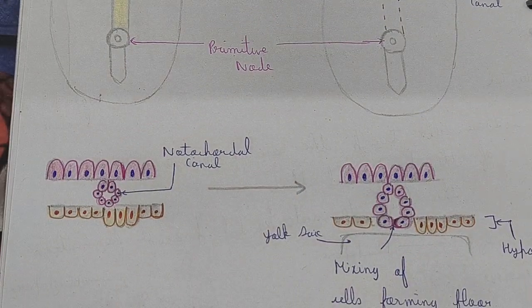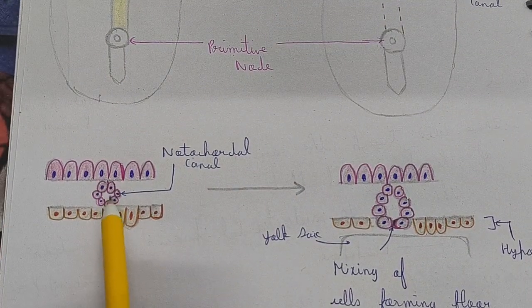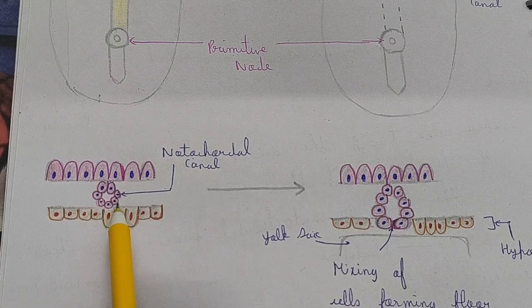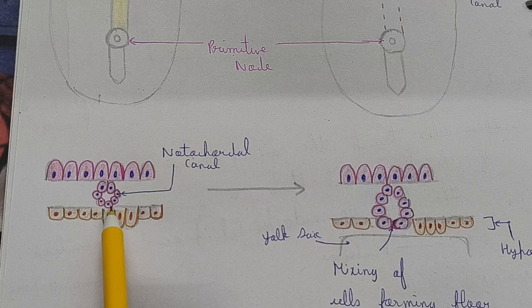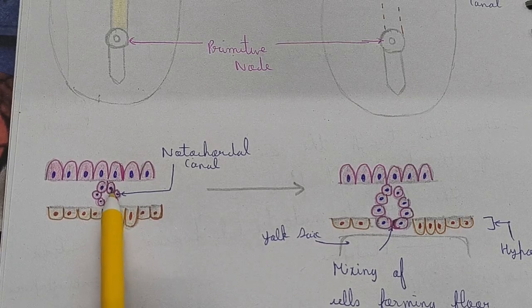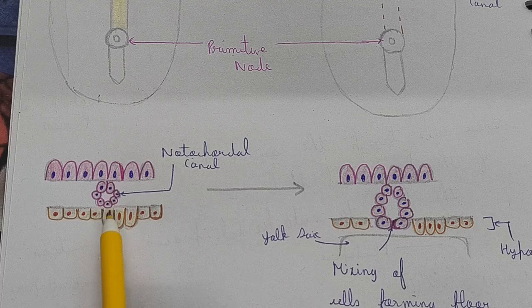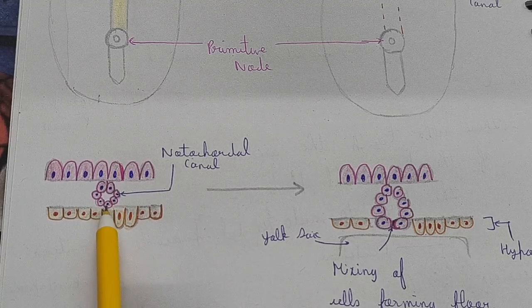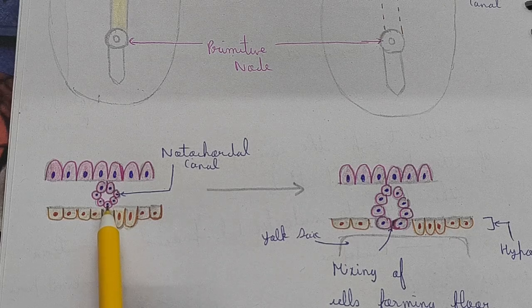Now here you can see this is the notochordal canal, this is the epiblast, and this is the hypoblast. Till now, the notochordal canal cells do not mix with the hypoblast. Basically, these are the cells forming the floor of the notochordal canal.